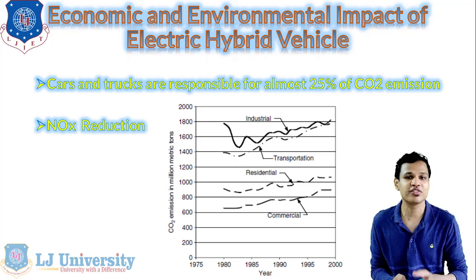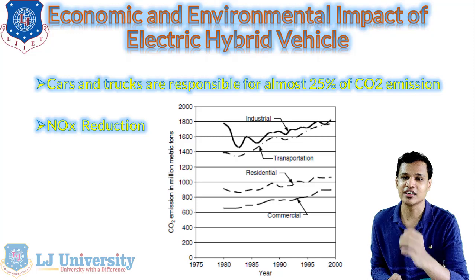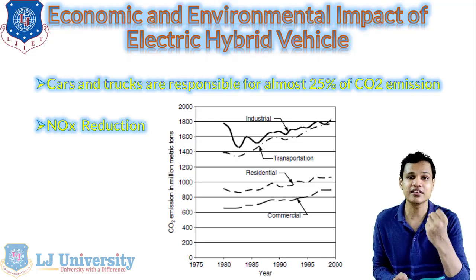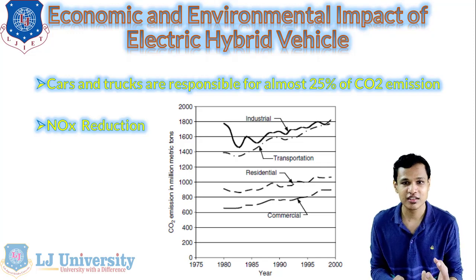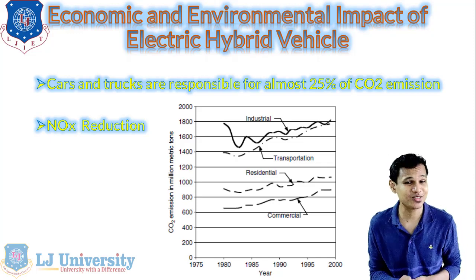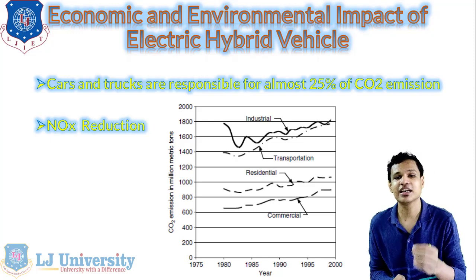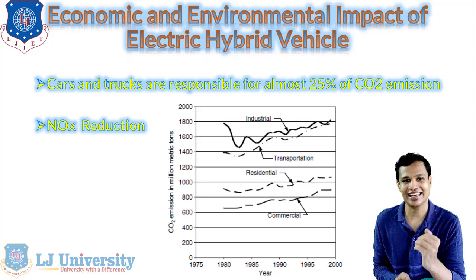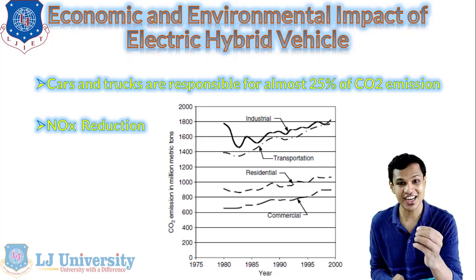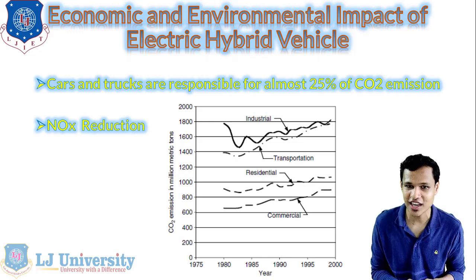CO2, as we all understand, creates a greenhouse effect. It is increasing the temperature of the earth, so that has to be decreased, and it can be decreased with the help of electric vehicles. NOx will also reduce, which is also known as a greenhouse gas.